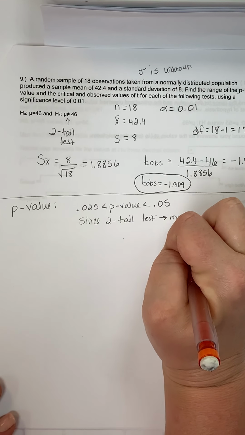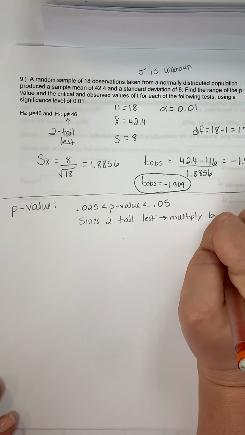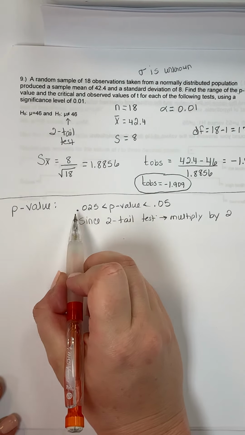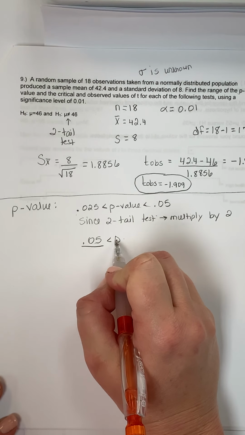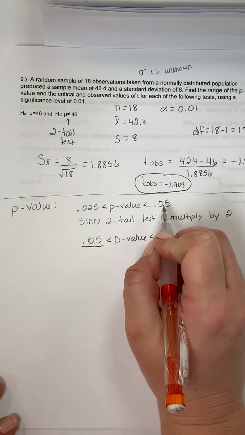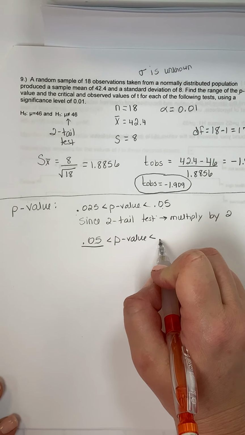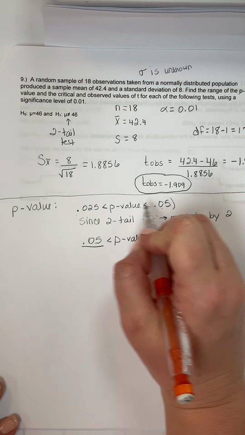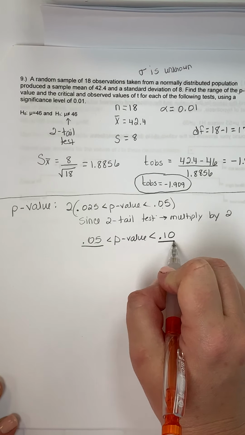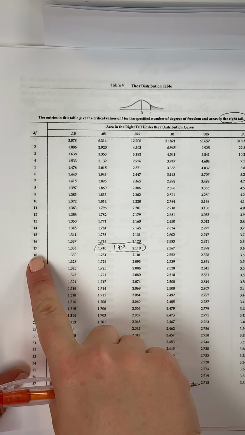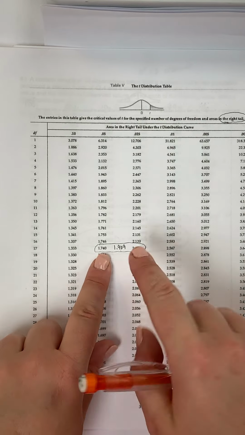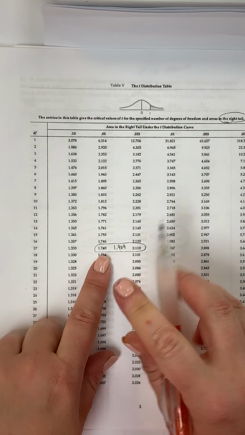I'm going to have to multiply by 2. So 0.025 times 2 is 0.05. 0.05 times 2 is 0.10. So I multiplied the whole thing by 2. These are my p-value ranges. That's how I found them. I went to my t-chart, degrees of freedom, and went over until I found two columns where my t observed fell between them.